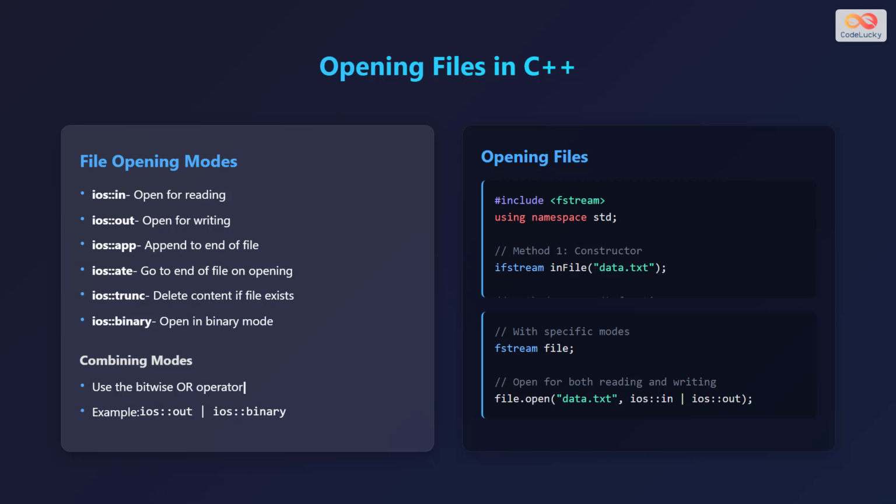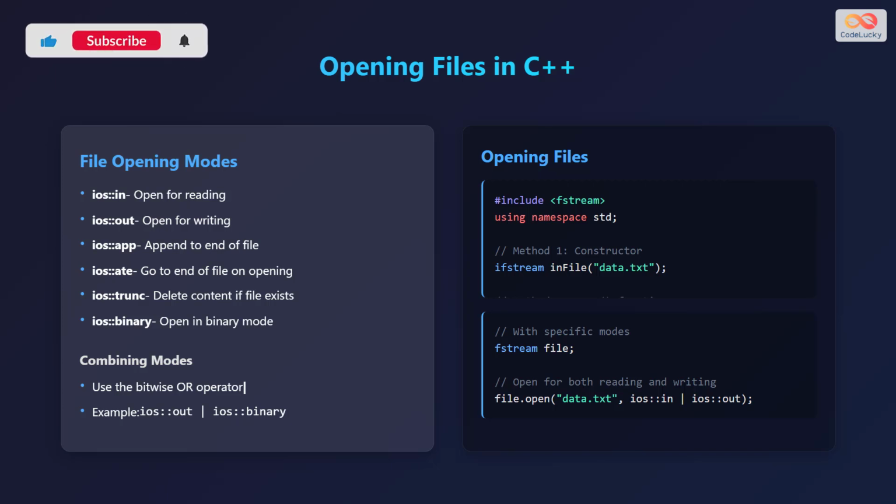When working with files, you need to open them first. Here are the various file opening modes available in C++. First is ios::in, used to open a file for reading. Next, ios::out opens a file for writing, creating it if it doesn't exist and truncating it, deleting all content, if it does exist.